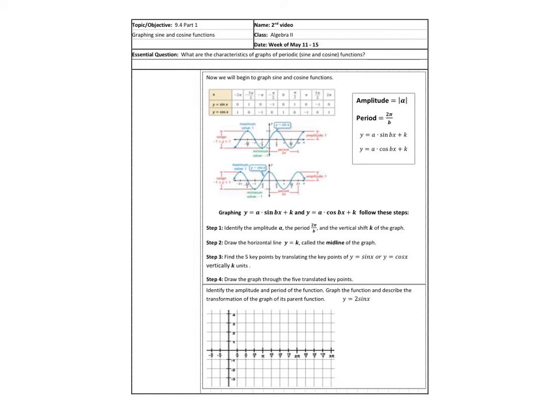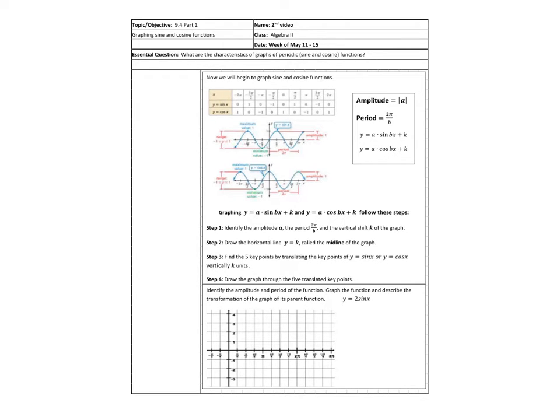When we're graphing our sine and cosine functions, remember the points in this table on the notes came from the unit circle. These are the key four corners, I guess you would say, of the circle. We're going to use 5 key points when we're graphing and translating our graphs.